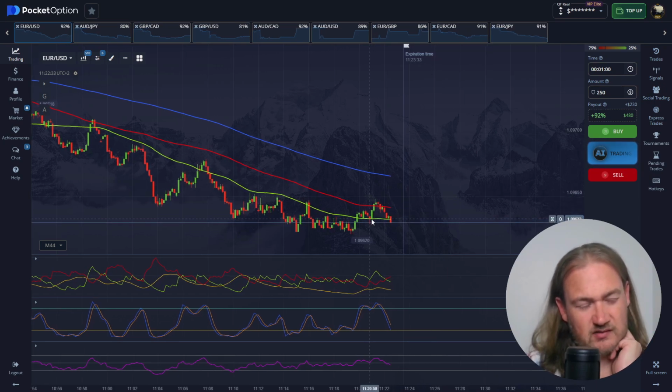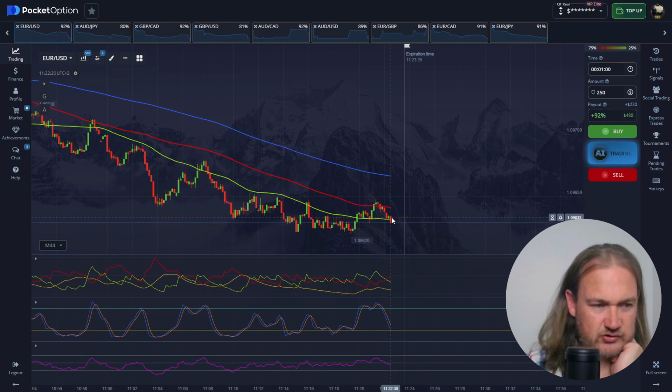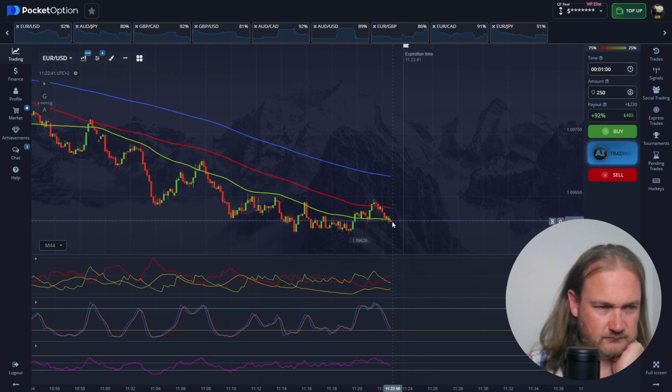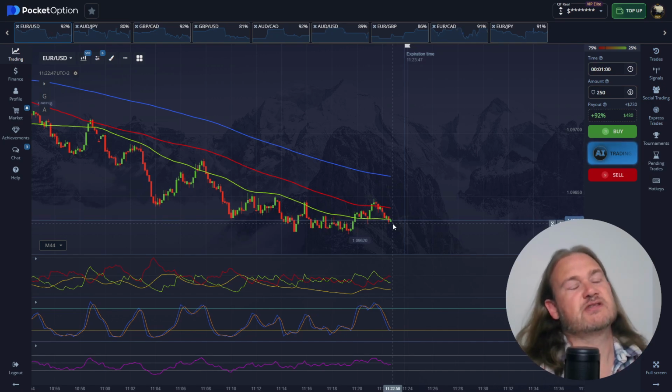Okay, so we technically do have hidden bullish, but it just voided with this drop. Oh, the movement sucks right now.